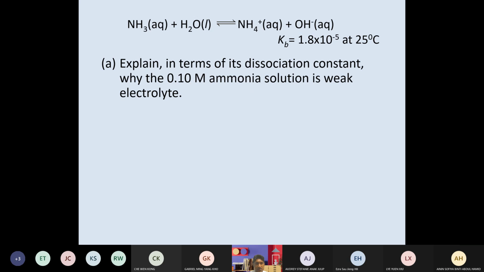Explain in terms of its dissociation constant why 0.1 molar ammonia solution is a weak electrolyte, right? So the dissociation constant has a very small value so that it does not dissociate fully. Ammonia solution does not dissociate fully in water.